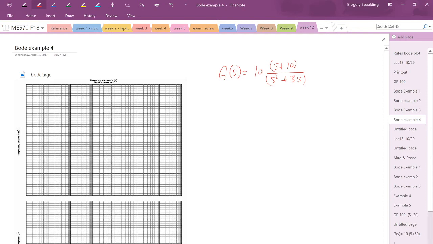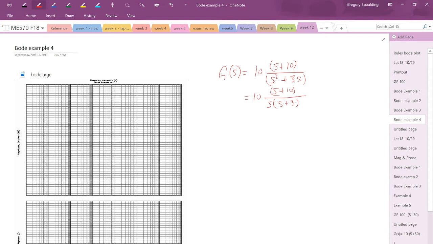So the first thing we want to do is factor out any free s's, and in this case it's pretty simple. Factor an s out of the denominator: s times (s plus 3). So what we end up with is a pole at 0, a free integrator. This is going to tell us a little bit about what's going on with the system.